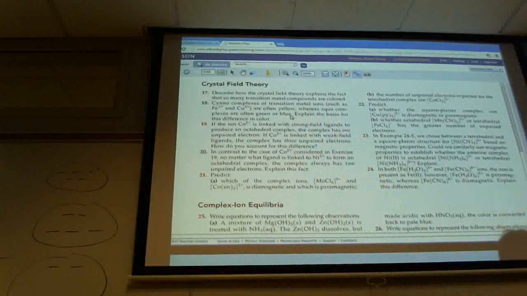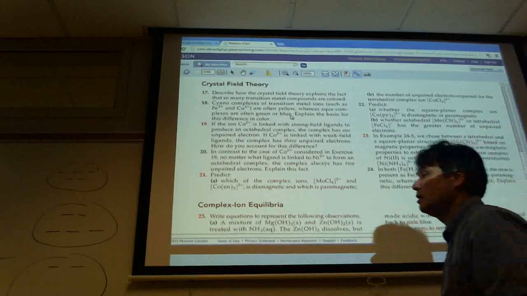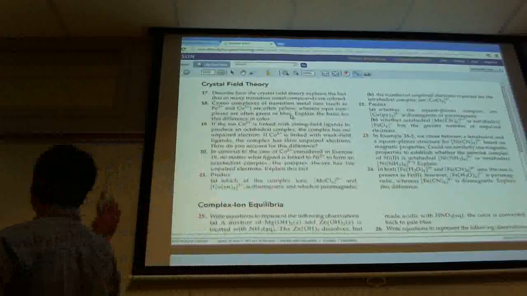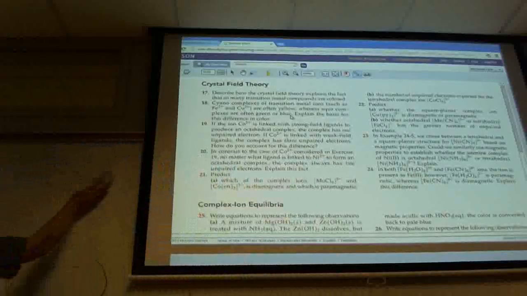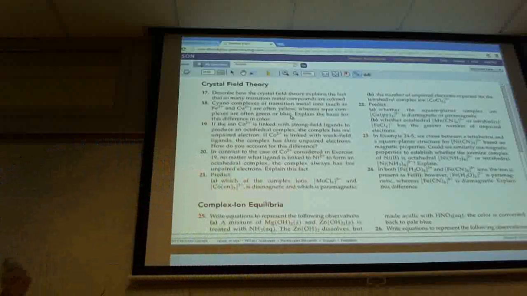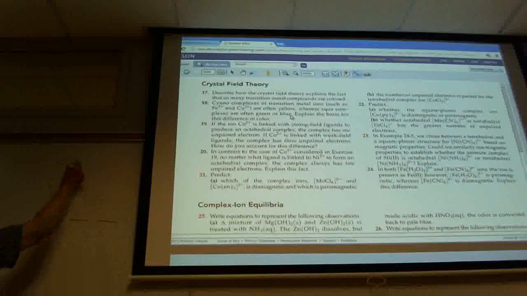The cyano complexes have carbon in them. Cyano complexes are carbon donors. What do you know about carbon donors? Yeah, good. And so cyano complex is a strong field. And so they're going to absorb what wavelength of light?